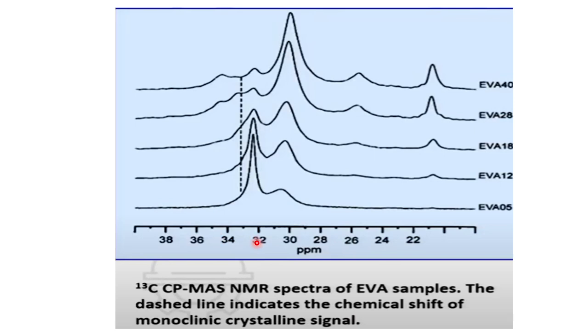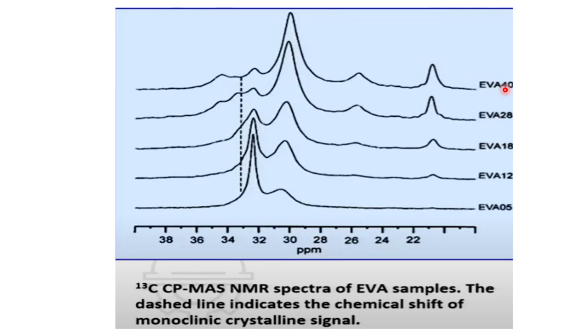Now here it is more prominent how the NMR peaks differ if I increase the VA content. For example, the VA content is 0.5, then 12, then 18, then 28, and then 40.